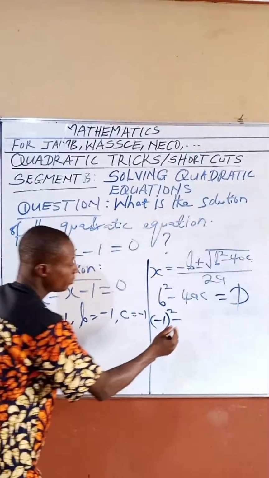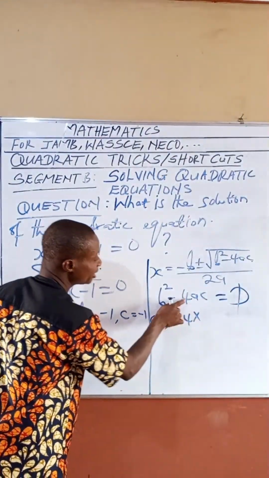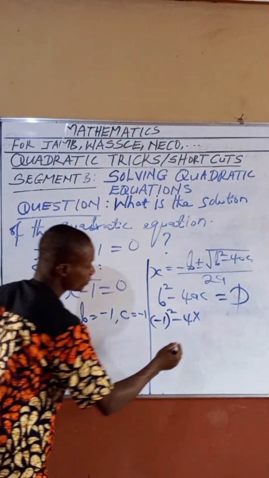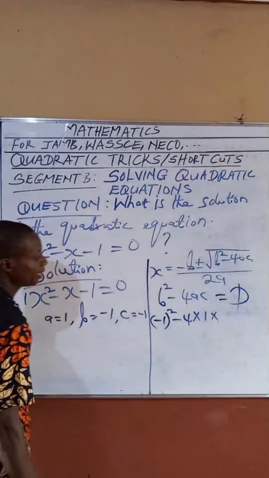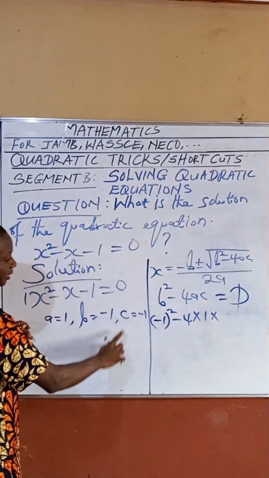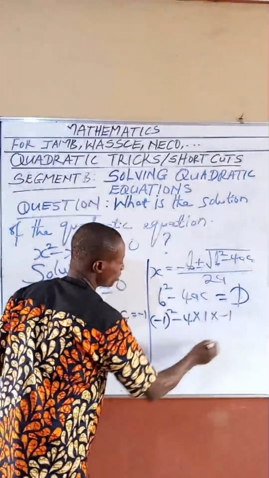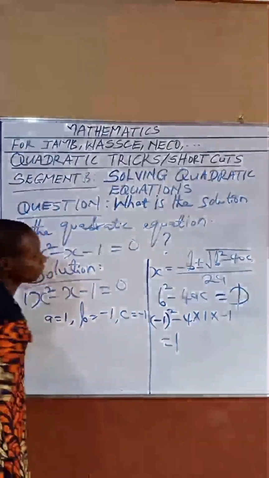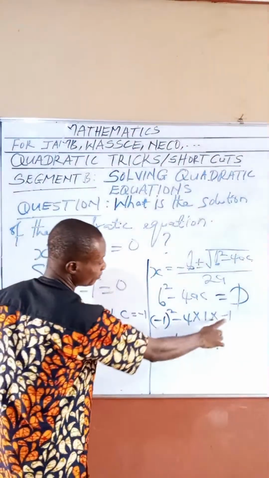Okay? So minus 4 times A. Our A is 1. And times C, right? Look at this, our C is minus 1. So minus 1 squared is 1. That is minus times minus, yeah?